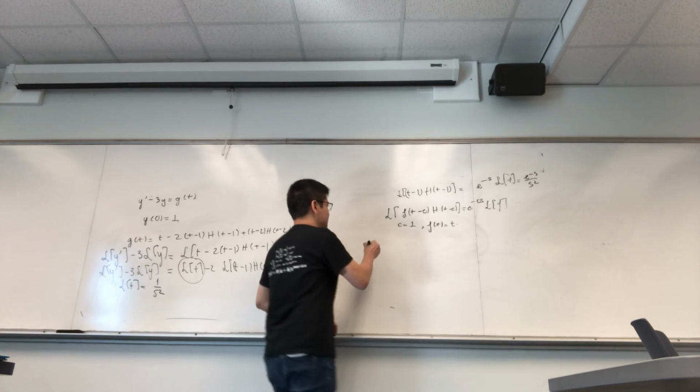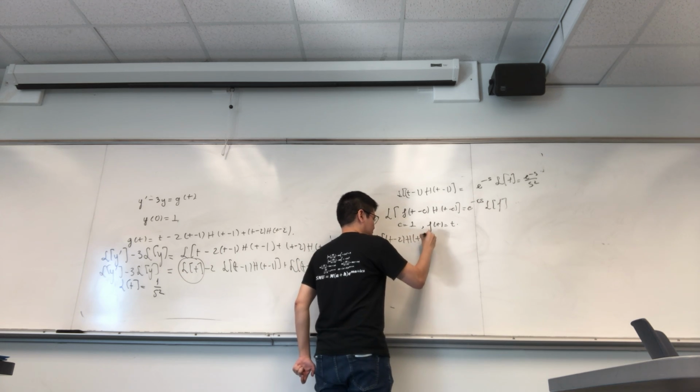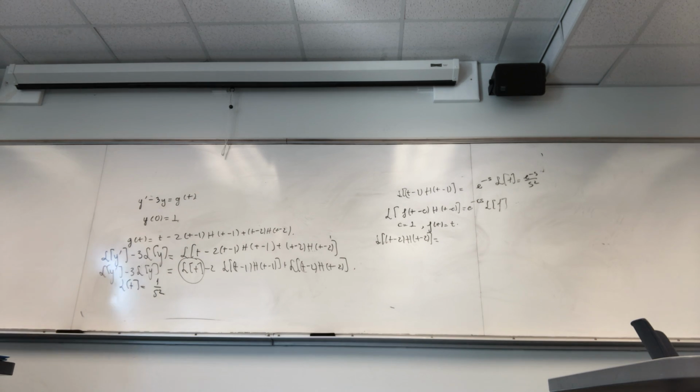So for our second guy, apply the formula. Would it be the same thing except on top it's going to be e to the negative 2s?